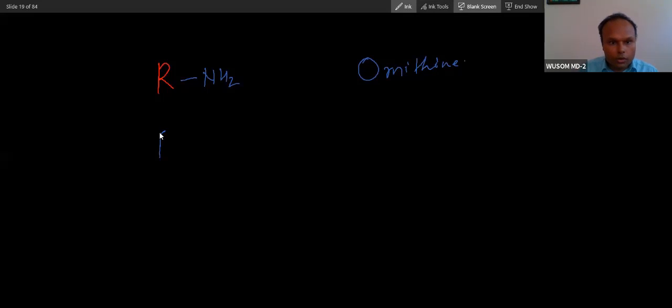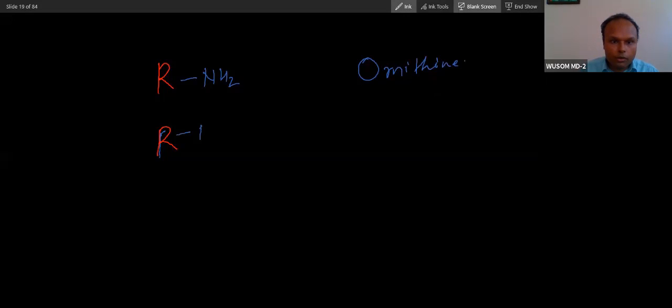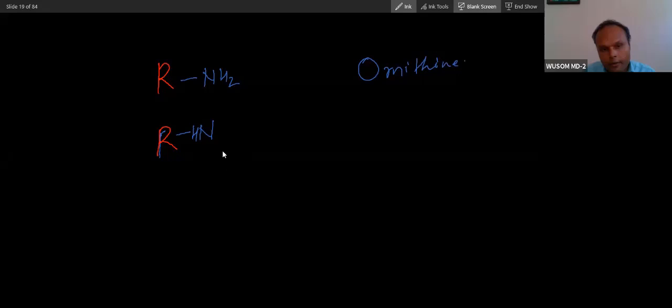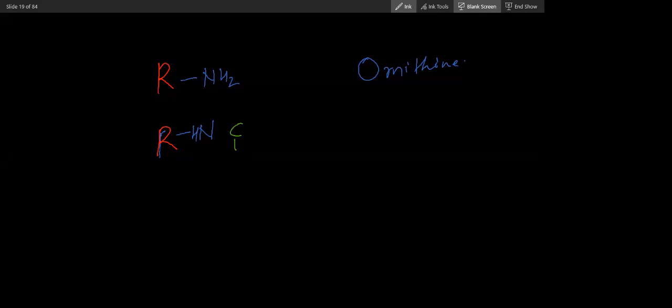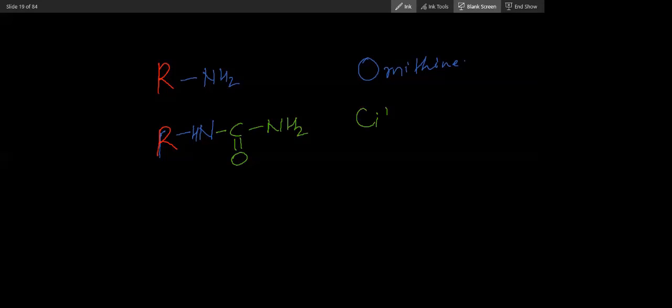To guide me, what do I do now? What do I add here? The carbon group, double bond O, and NH2. What does this become? Citrulline. Very good.